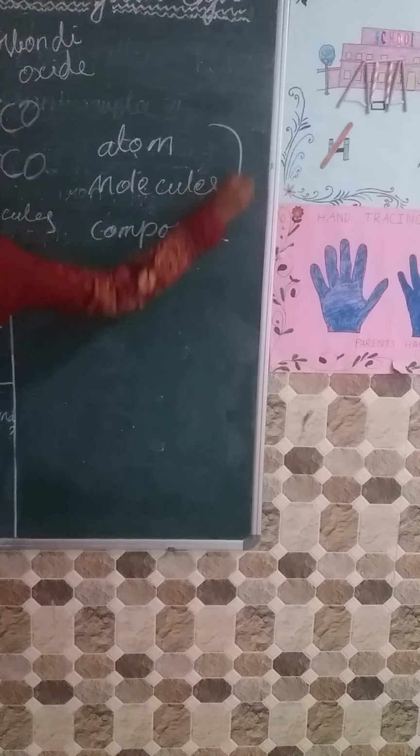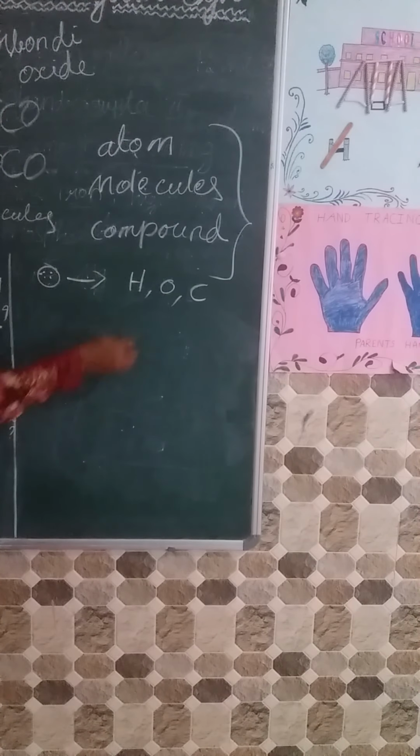First, atom. What is an atom? It is made up of particles. Examples we can say are hydrogen, oxygen, carbon. So this is a hydrogen atom, oxygen atom, carbon atom.